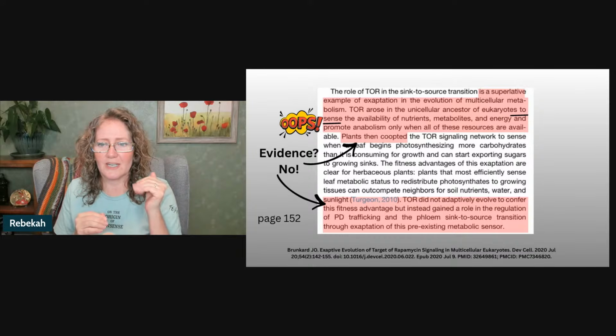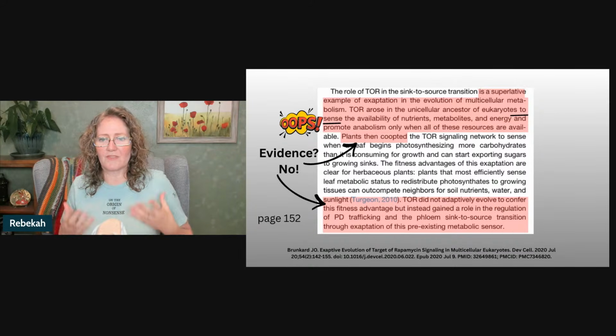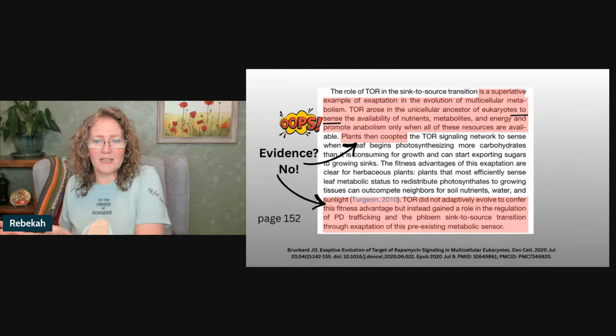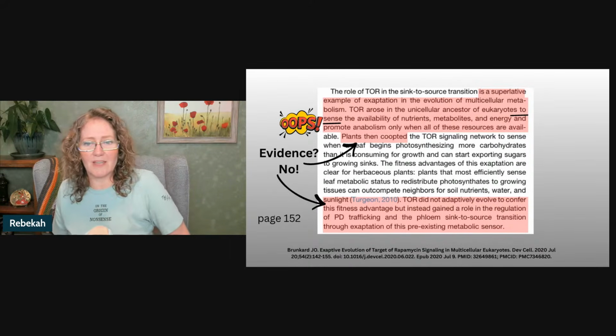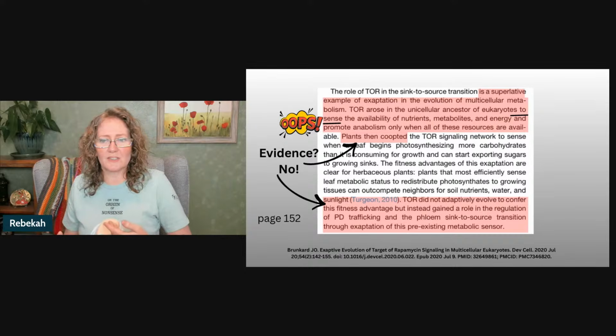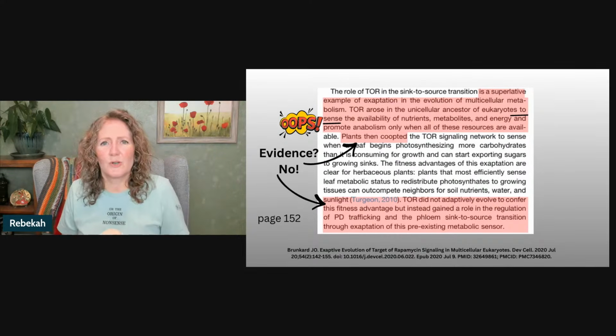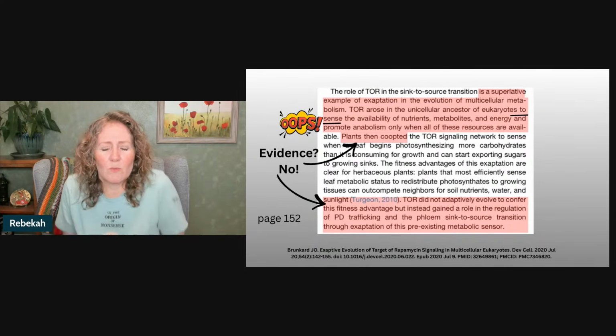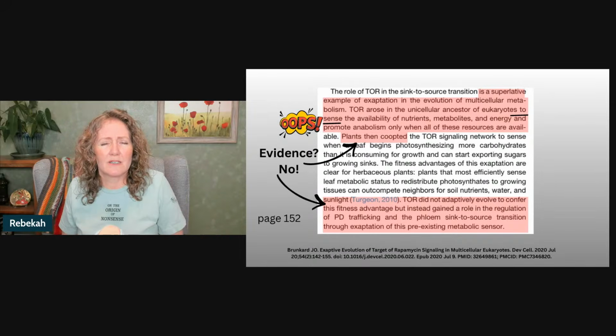They're inserting, hey, the reason this evolved was that it needed to sense the availability of nutrients. But wait a minute, who decided that was needed?